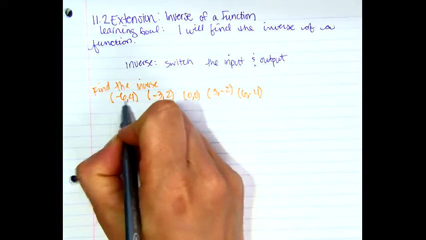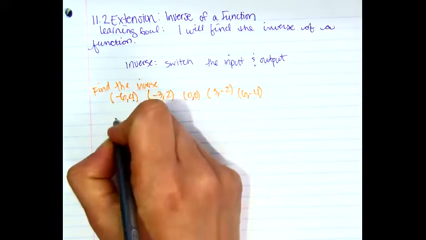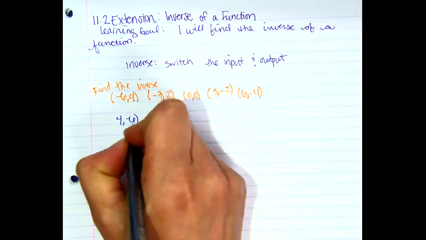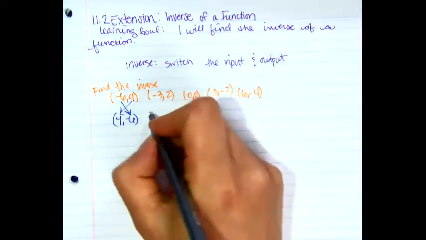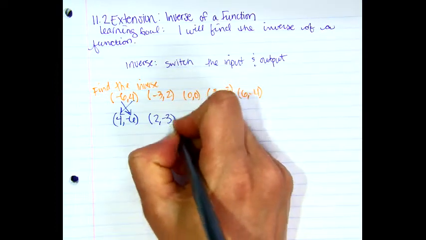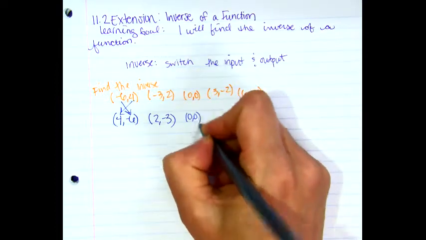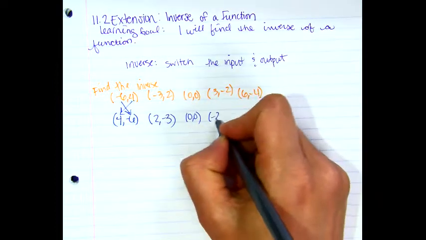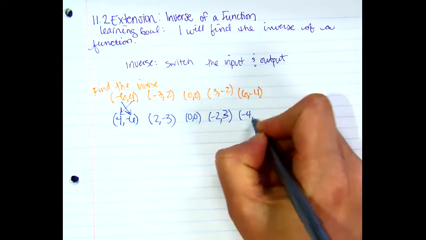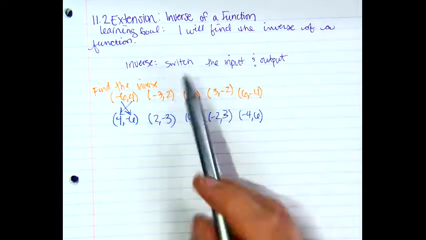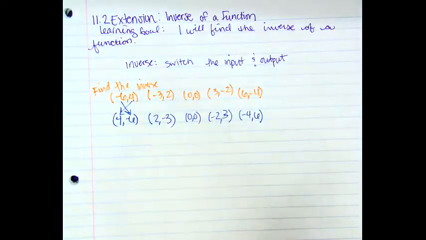So if this is my in and this is my out, then the inverse would have 4, negative 6. I just switch the two. This one would be 2, negative 3. 0, 0 stays the same. This would be negative 2, positive 3. And this would be negative 4, positive 6. So I literally just switched the x and the y values for all these points.